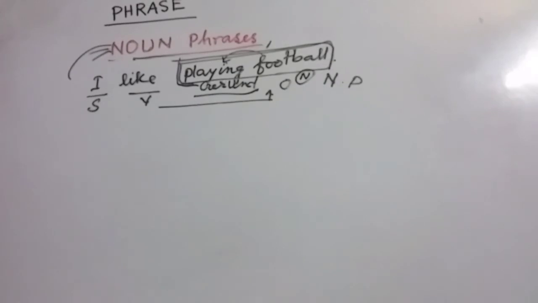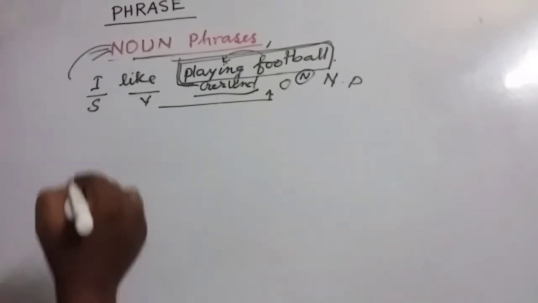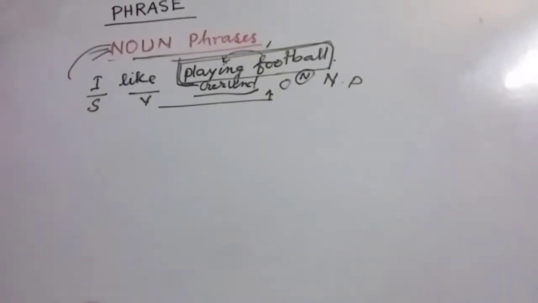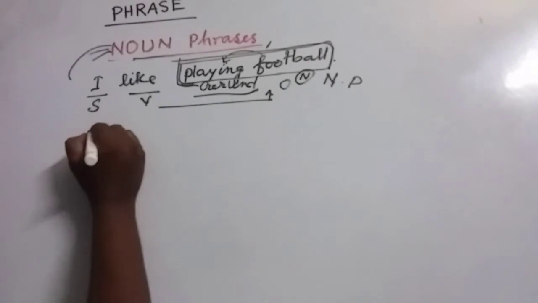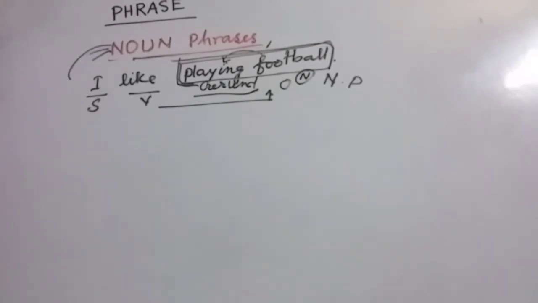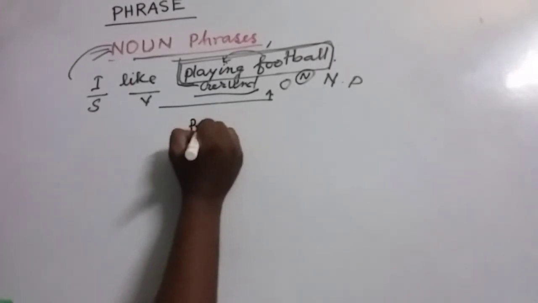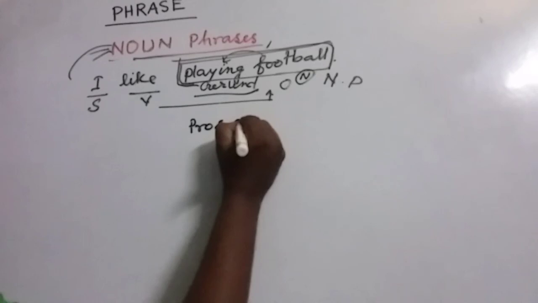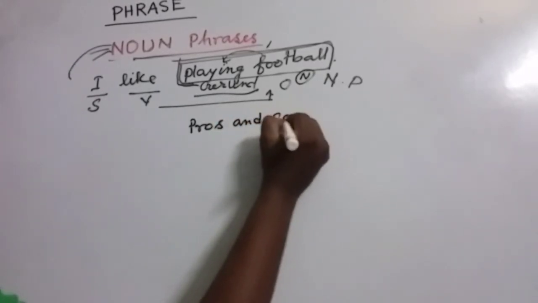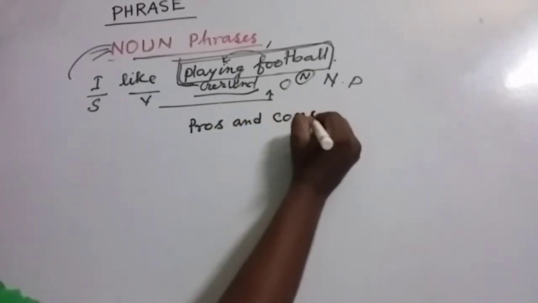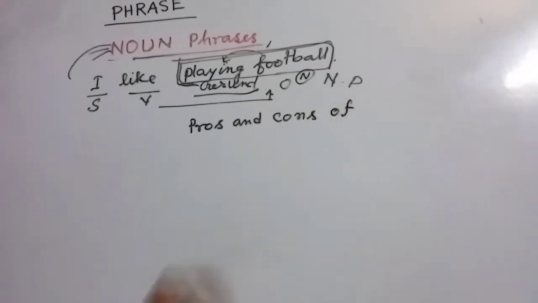Sometimes for forming a noun phrase, we can use idioms. I'm just going to give you an example. You can see these types of sentences. Before we enter into any kind of business, we should know the pros and cons of that one.